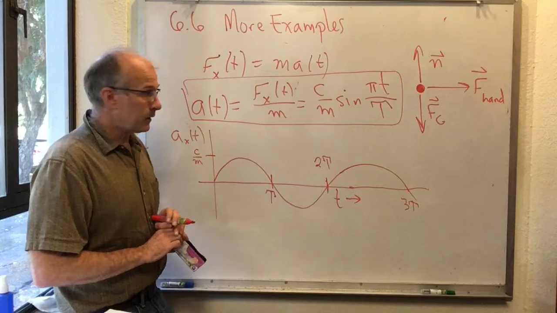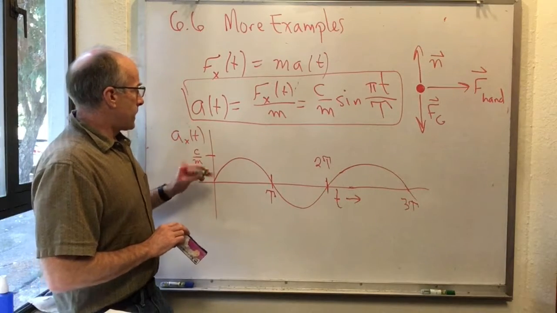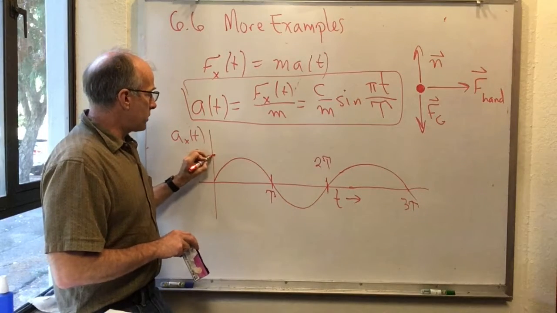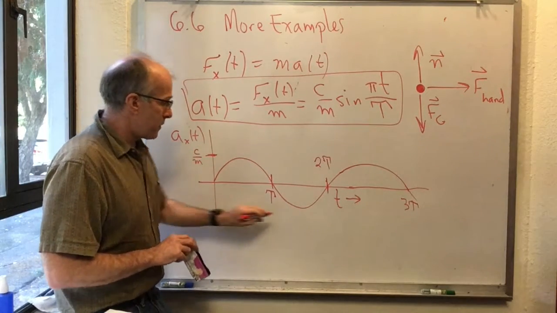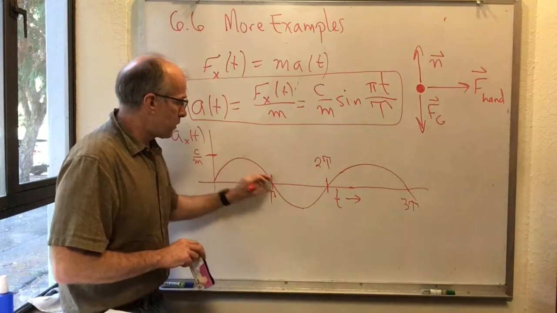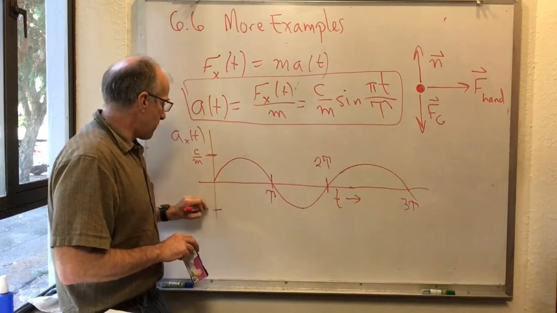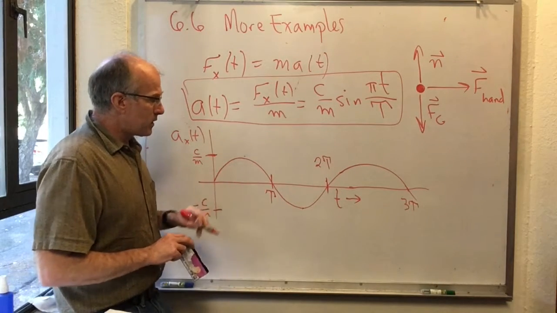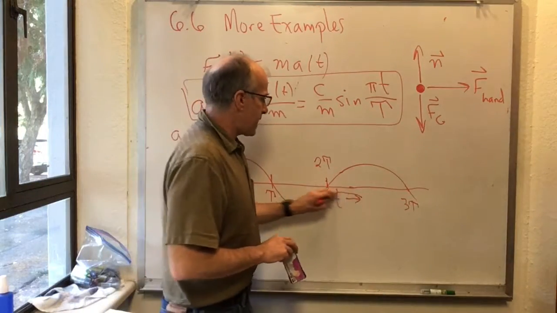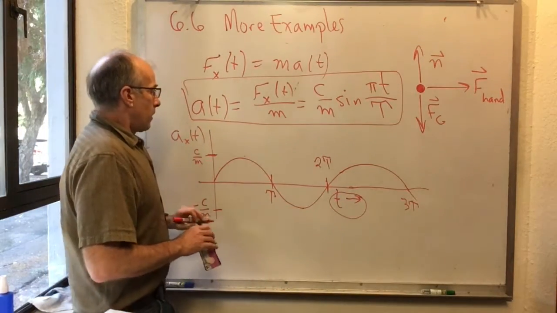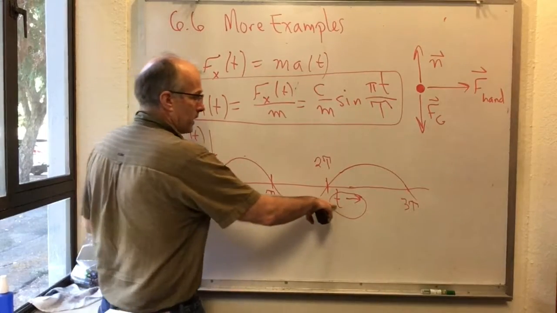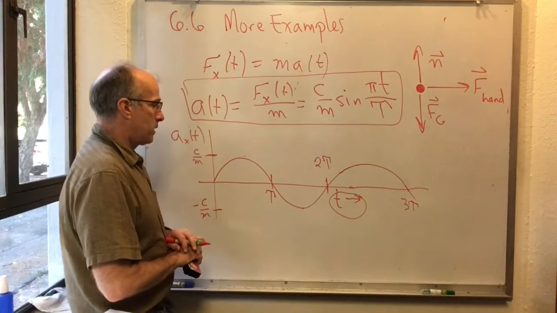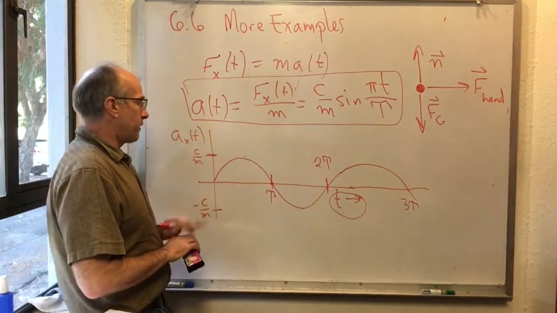So now I've graphed it, and the coefficient is c over m. So this thing goes as high as plus c over m. The sine function goes from plus 1 to minus 1, so down here we're at minus c over m. Now you know what the sine looks like, but the question is when does it cross the t-axis? Well, if you plug in little t equals big T, then you get sine of pi. And that's the first 0 of the sine function.